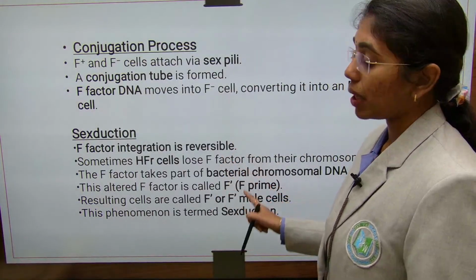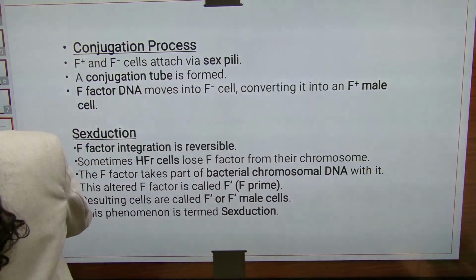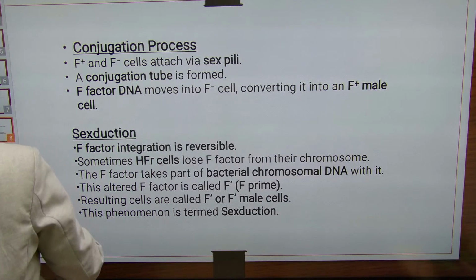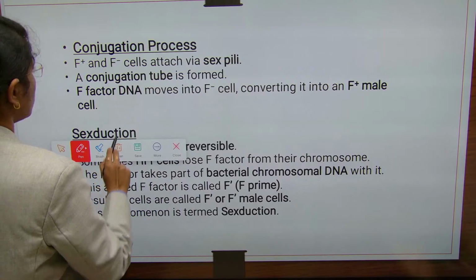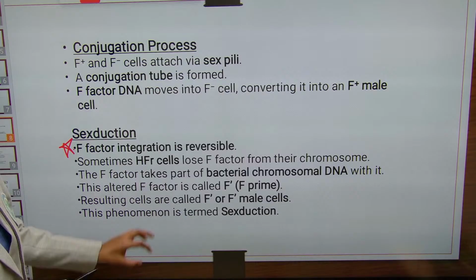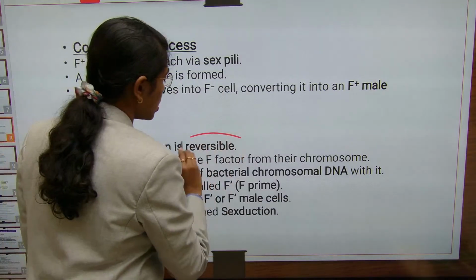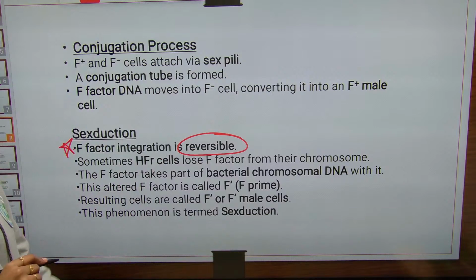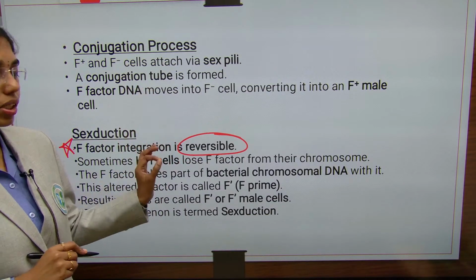Remember, this is a major important statement we can expect in statement based questions. This F factor integration is reversible in conjugation. Just go through these points. We'll restart in a minute.